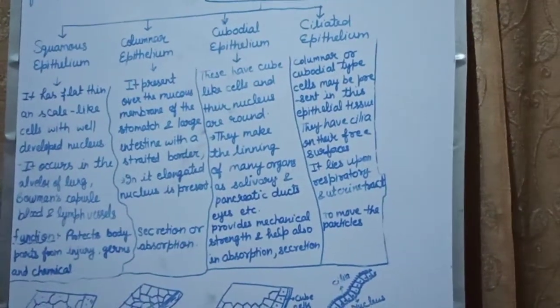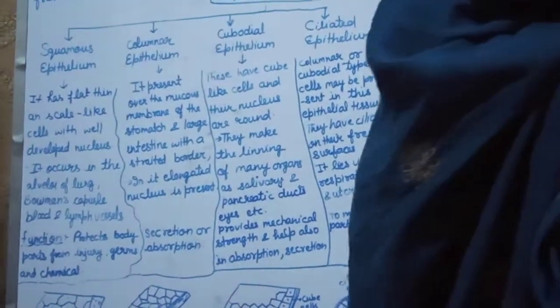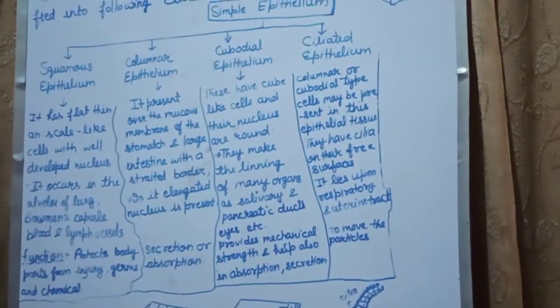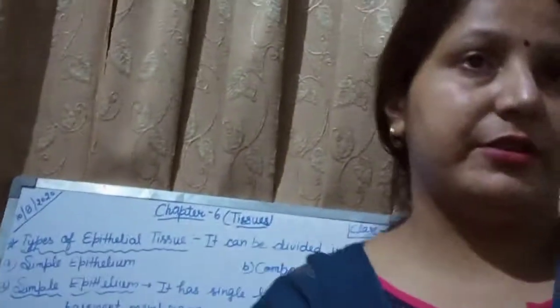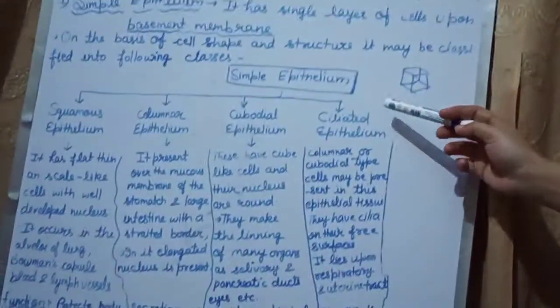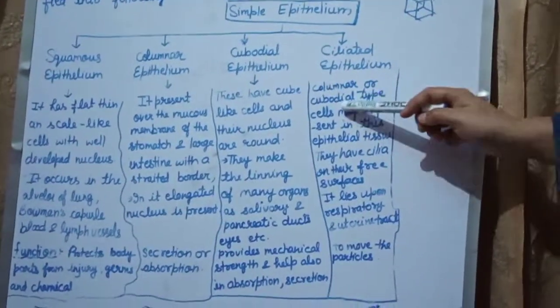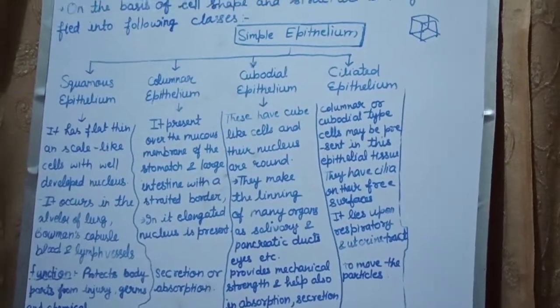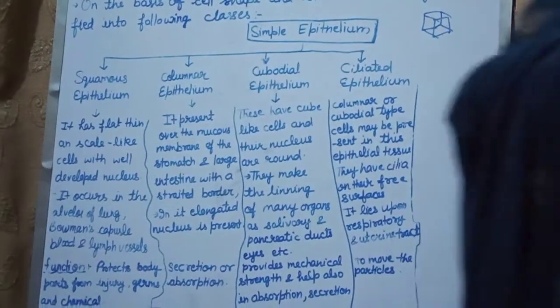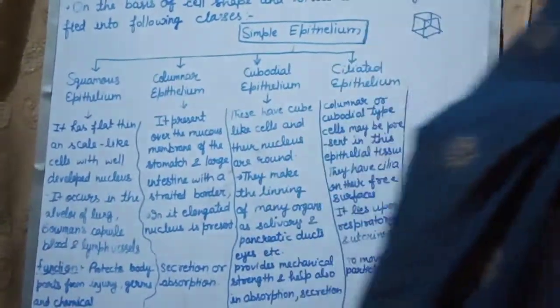Now we discuss our last simple epithelial tissue, that is the ciliated epithelial tissue. As you know from its name, in this type cilia are present, so these are called ciliated epithelial tissues. In it, columnar or cuboidal cells are present and they have free cilia on their surfaces.